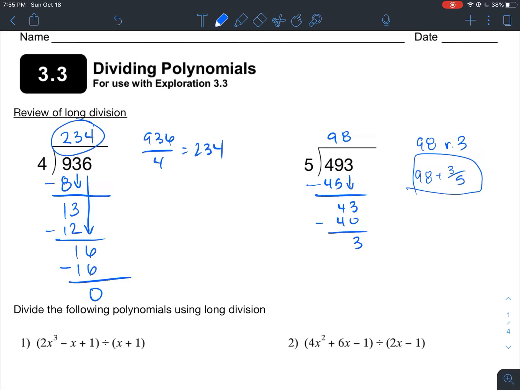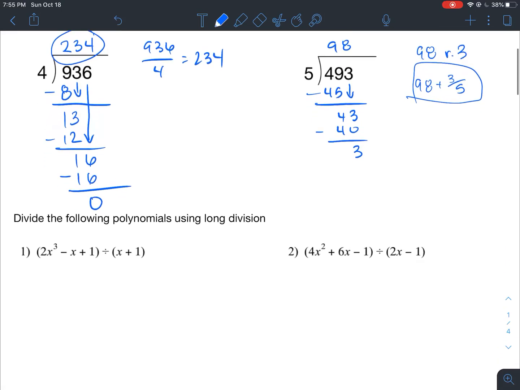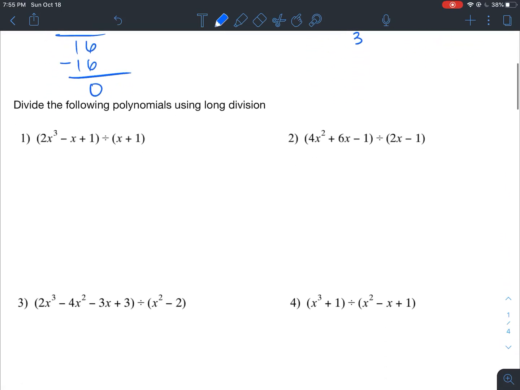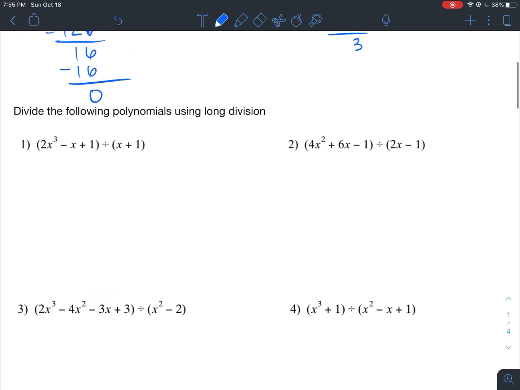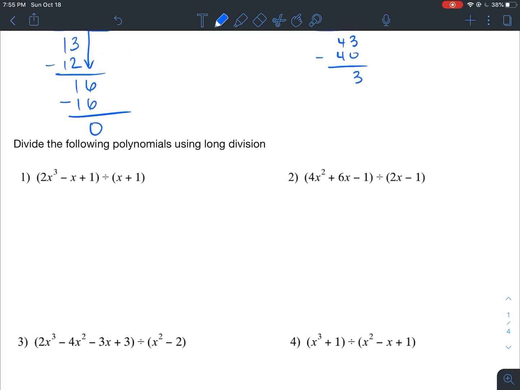So let's see how applicable this is to polynomials. You guys might not have noticed, but we've actually divided polynomials before. Whenever we say x cubed divided by x, when you divide this, it's equal to x squared, right? This is a monomial divided by a monomial, and monomials are polynomials.